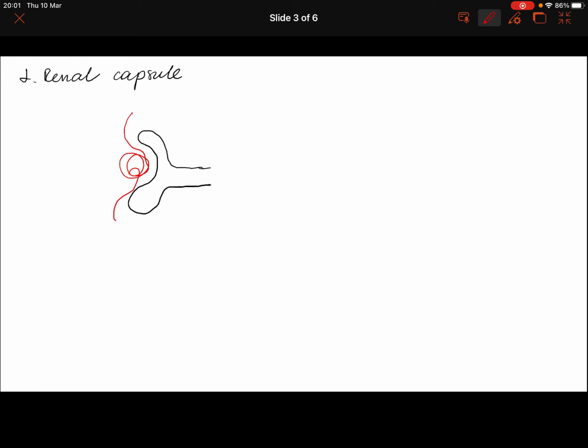Obviously, the blood vessels that are carrying important molecules towards the renal capsule are coming away from the heart, and in doing so, they will meet the nephron, the renal capsule, with the higher hydrostatic pressure.